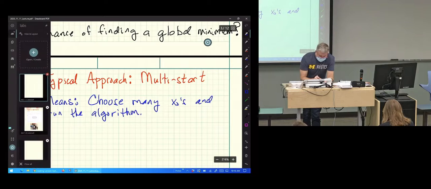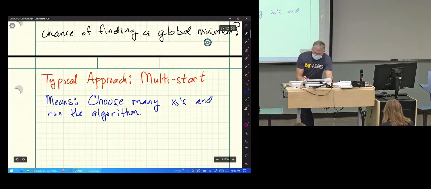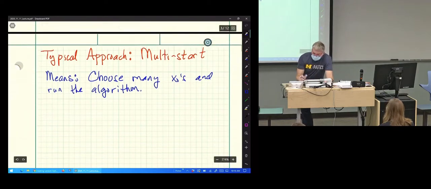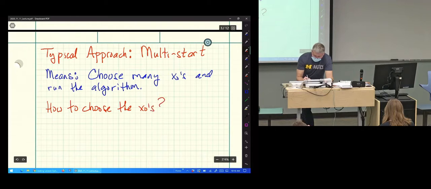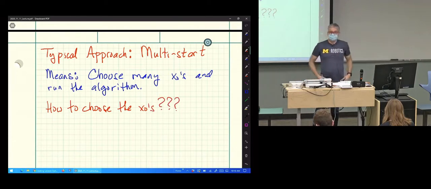Okay, so that's good. And then, how do you choose the x zeros? Right, one question begs the next. Okay, fine. I will do multi-start.